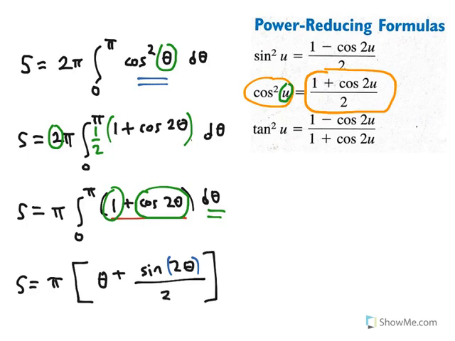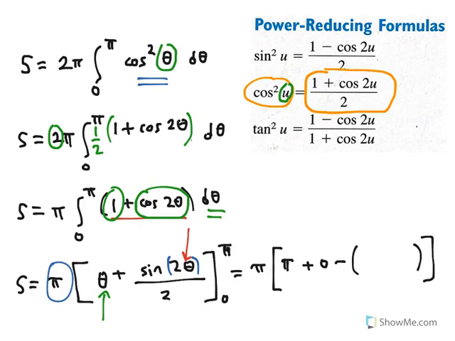And now we have our antiderivative, so we're going to evaluate our antiderivative at pi and at 0 and subtract, and of course don't forget to multiply by this factor of pi. So we have pi times, so we replace theta with pi, plus we replace theta here with pi, so we have sine of 2 pi, which is 0. 0 over 2 is 0.